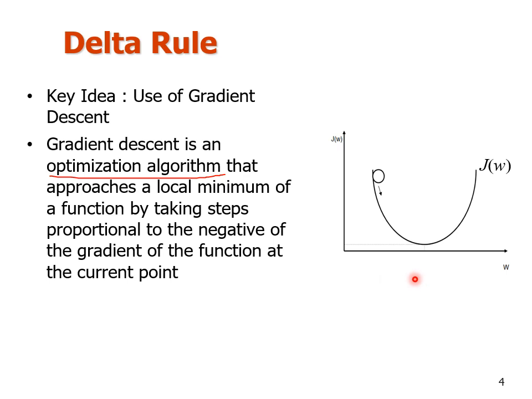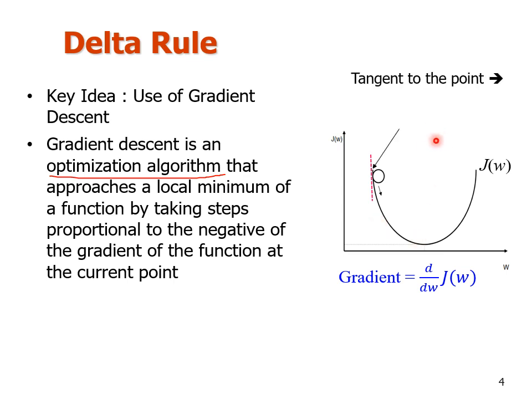So how to compute this gradient of J of W? So gradient is nothing but the derivative of the function J of W. So let us assume that we are having one point here, then we can draw a tangent to that point, and we calculate the slope of the tangent that is drawn at that particular point.